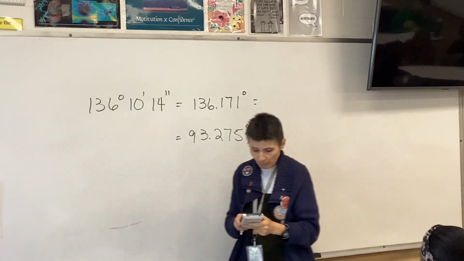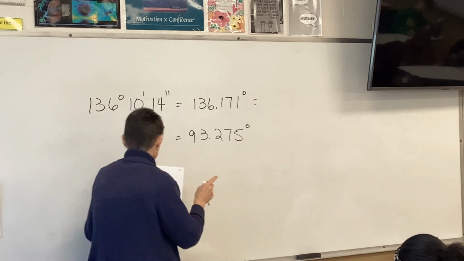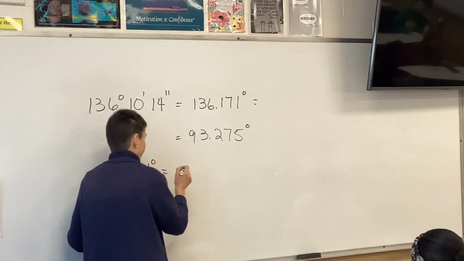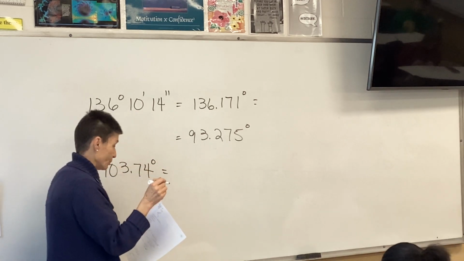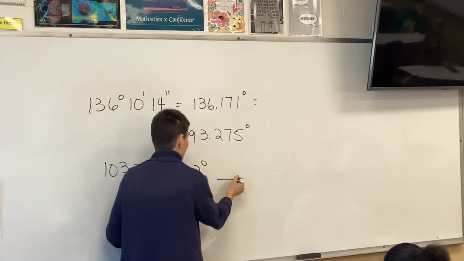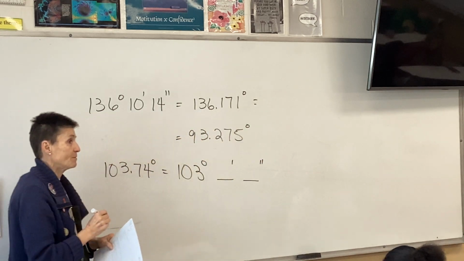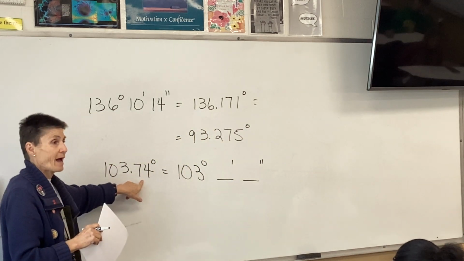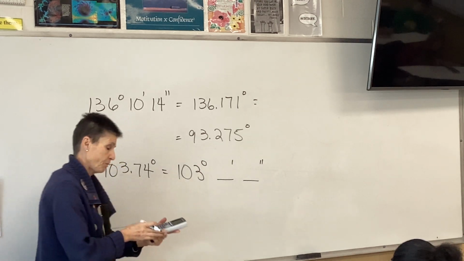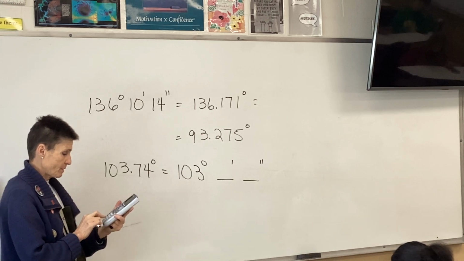All right, now we're gonna go the other way. Now we're gonna take a decimal, 103.74, and we're gonna change it into 103 degrees, some minutes, and some seconds. We're gonna find the minutes and the seconds that go with that particular decimal. All right, so type in the whole number, 103.74.